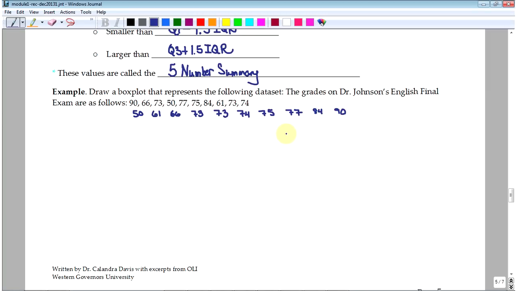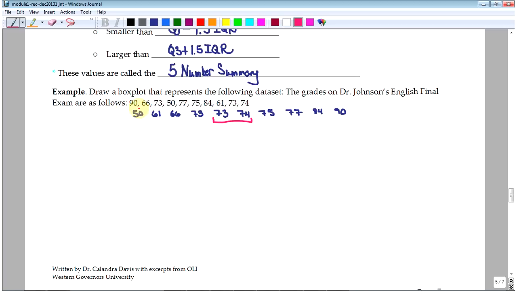So first thing I want to do is to find my second quartile. So my second quartile is in the middle of my data. Okay, well, how many data values do we have? We have a total of 10. So in the middle, we don't have a number in the middle. The 73 and the 74 are in the middle of our data set.